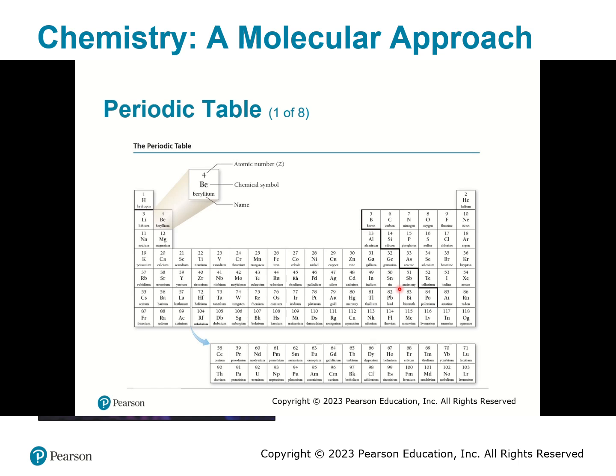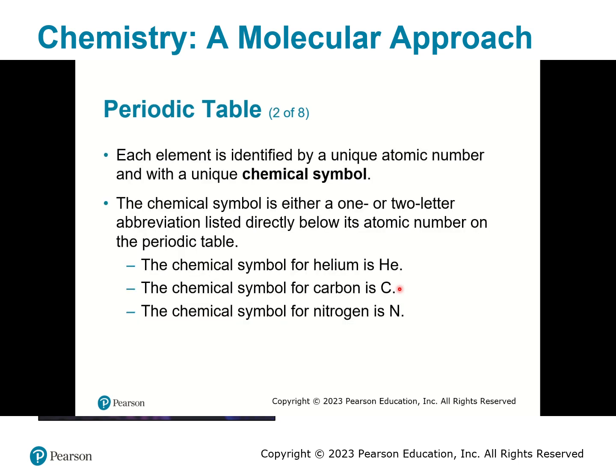If you thought tin should be T, it's better to take a look at the periodic table, because the names come from Greek or Latin words, and you can get confused. Silver will not be S, it will be Ag. So practice that, okay? Each element is identified by a unique atomic number and a unique chemical symbol, like carbon C, nitrogen N, helium He.